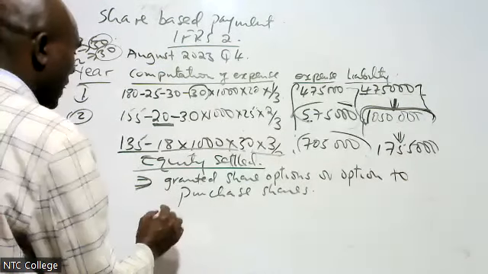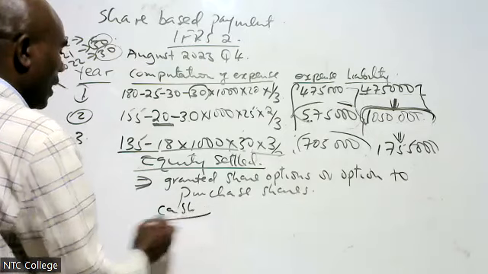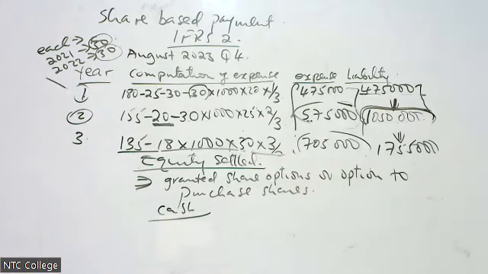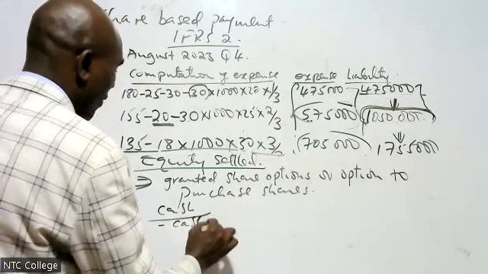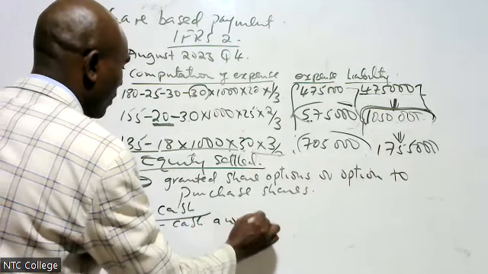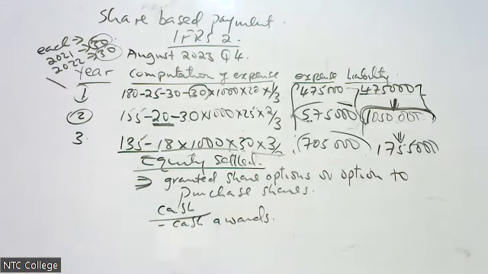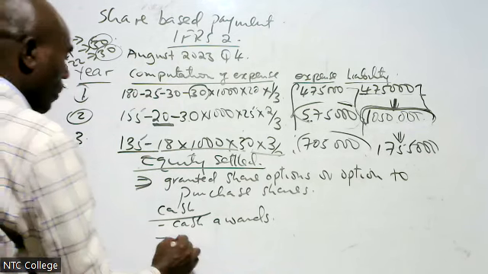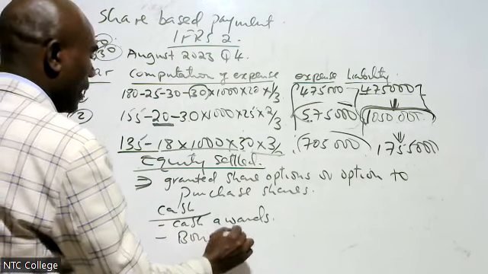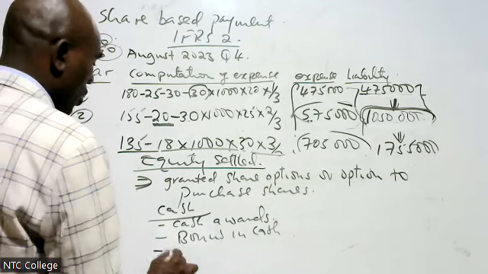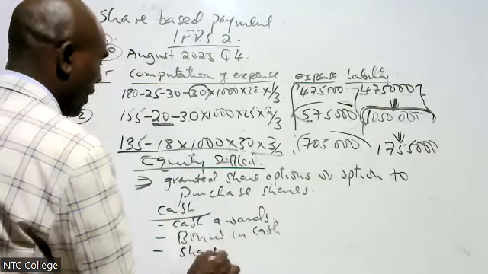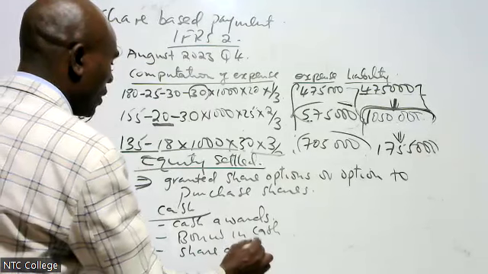But if the examiner tells you cash, let's move to cash. How will you know that this examiner wants cash settled? The examiner will tell you that the employees were given cash awards, or bonus in cash, or share appreciation rights.